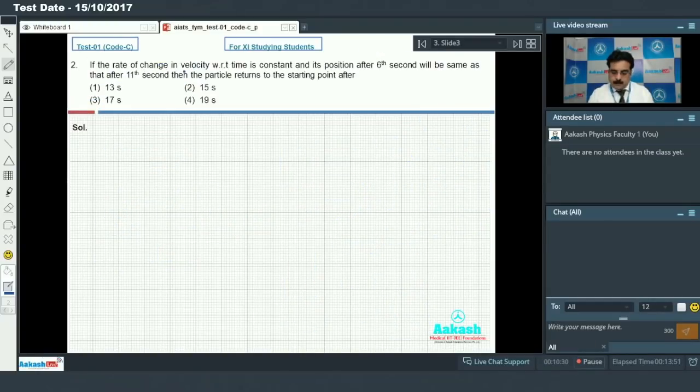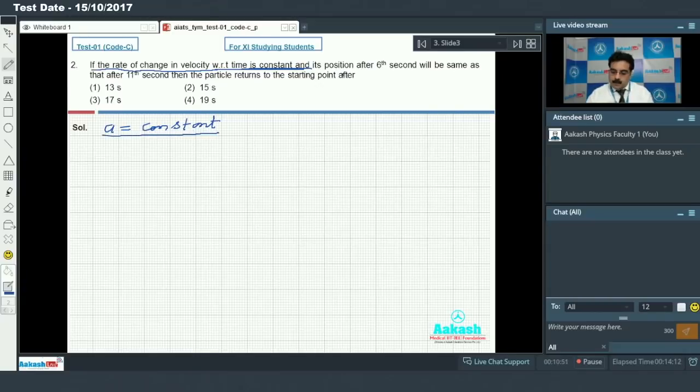If the rate of change in velocity with respect to time is constant. So what is the meaning of this line? If the rate of change in velocity with respect to time is constant, it means acceleration is constant. So my first observation is acceleration is constant.